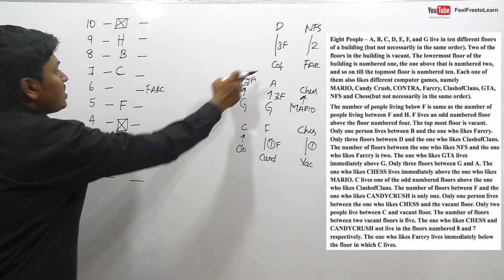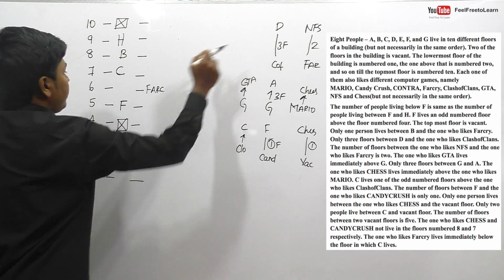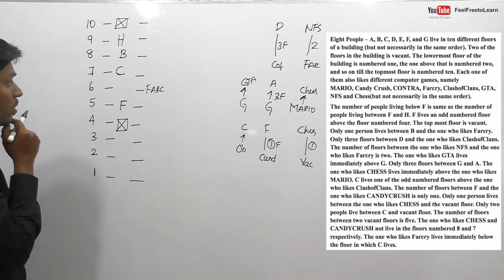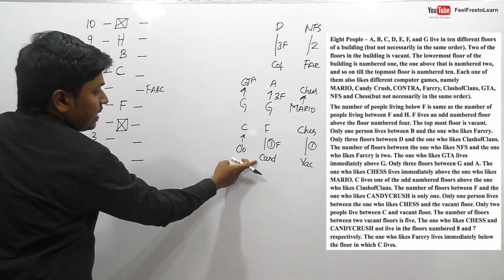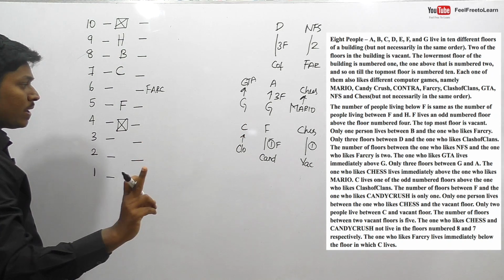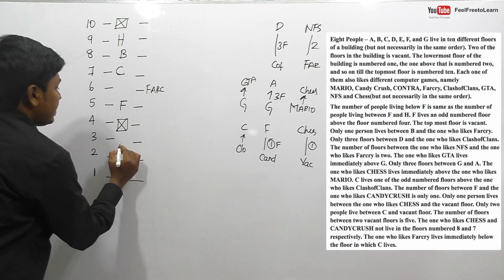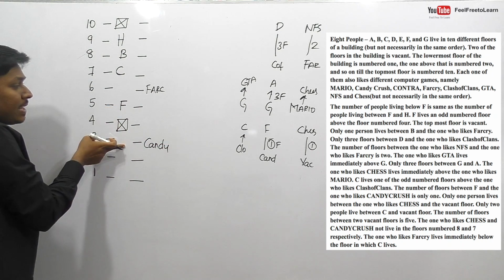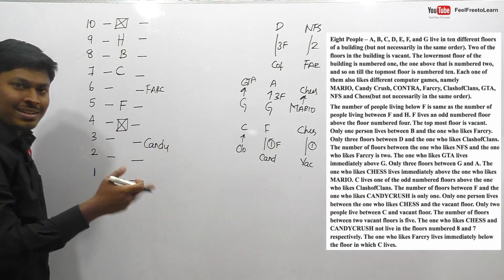And between Clash of Clans and D there should be 3 floors, okay, no problem. And this is Candy Crush, right? So between F and Candy Crush there should be only one gap. So friends, listen here, we can surely say that this must be Candy Crush, because between F and Candy Crush there is one floor, it can be vacant, right?